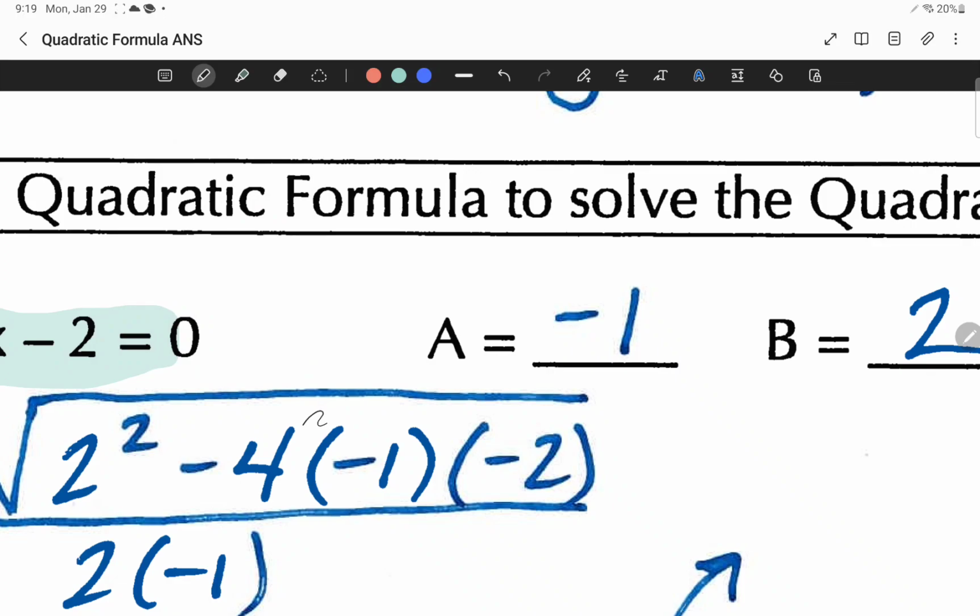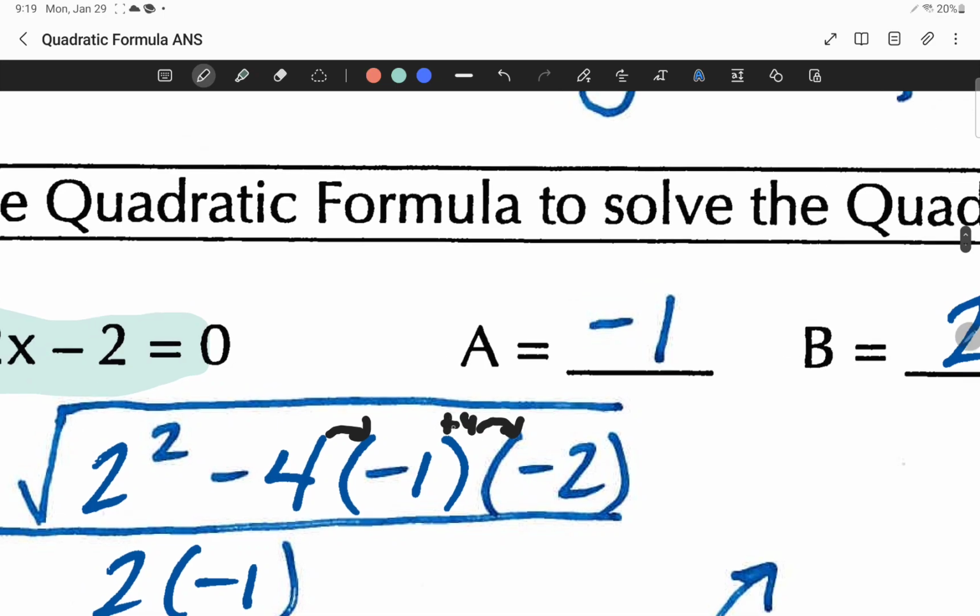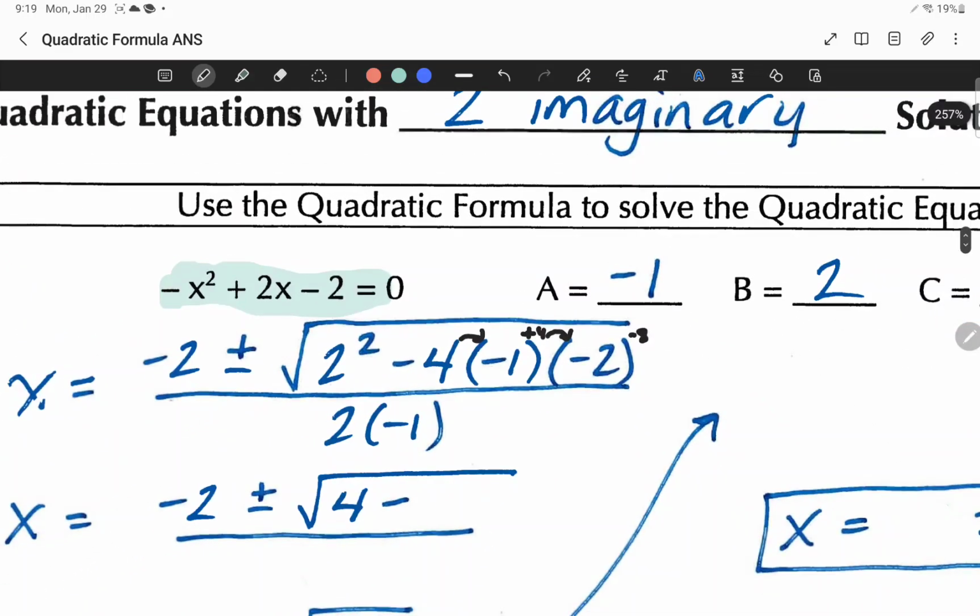So we're going to have 4 times 1, which equals negative 4. And negative 4 times negative 2. Well, negative turns into positive 4, my bad. And now, positive 4 times negative 2 is negative 8. Okay, so you're going to see it right now. So we have a negative 8 now.